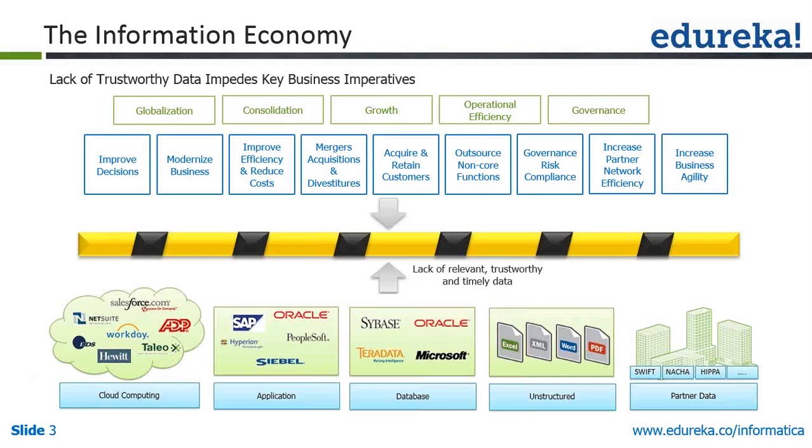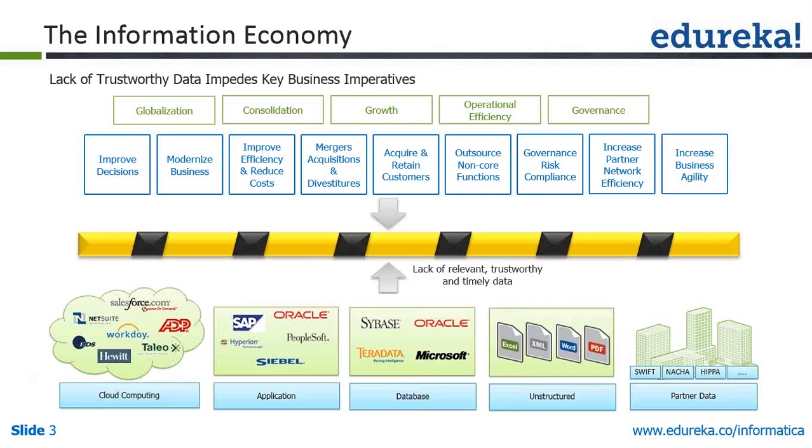They may be using cloud computing, different ERP applications, or custom applications to store data in different databases. Companies are handling unstructured data, and there is partner data of specific formats, like Swift data, NACHA, HIPAA, which follow specific security standards.